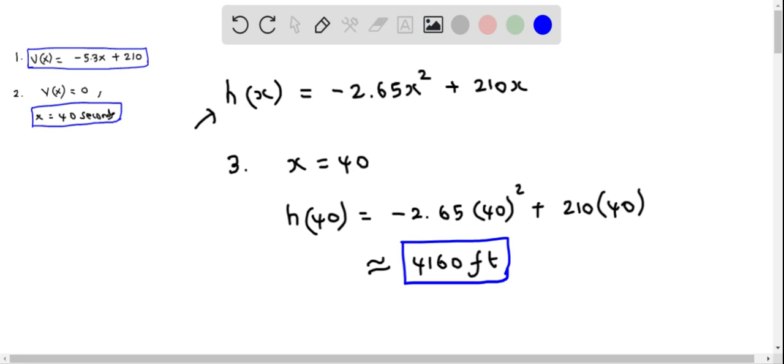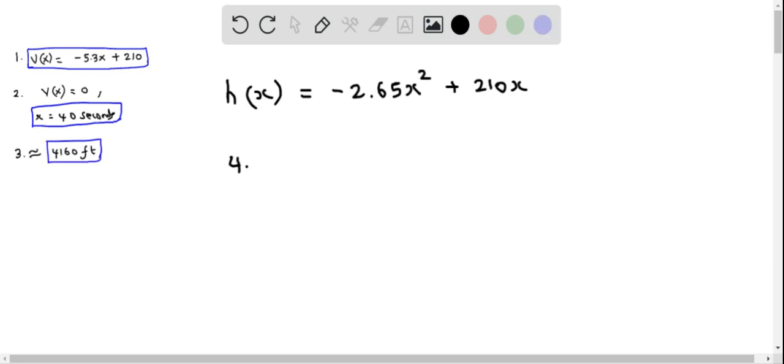Let's do question 4. So here we have to determine how long the arrow will be aloft. The arrow will be aloft for the time duration when the height is not 0. So first I'm going to set up the height equation to 0 and determine the time duration for which the height is 0.